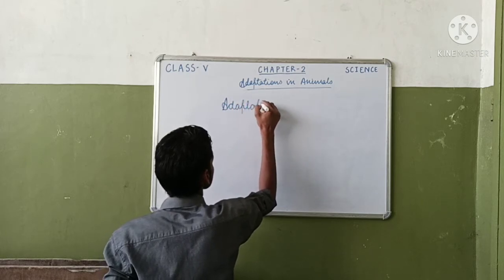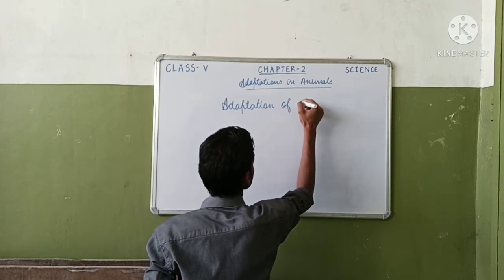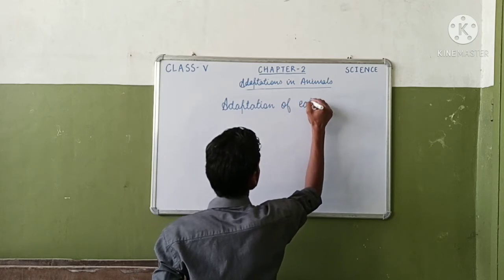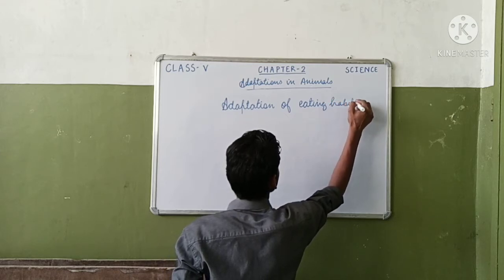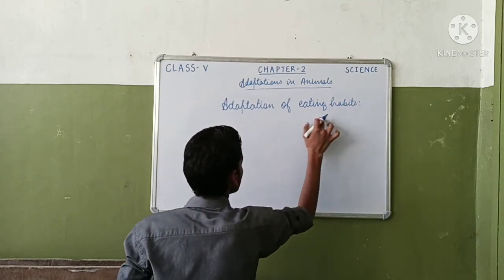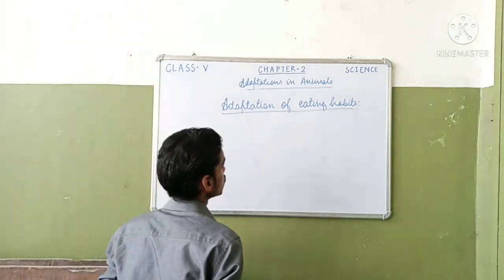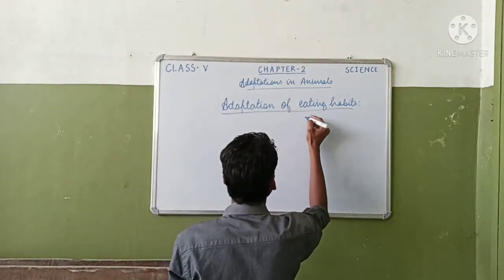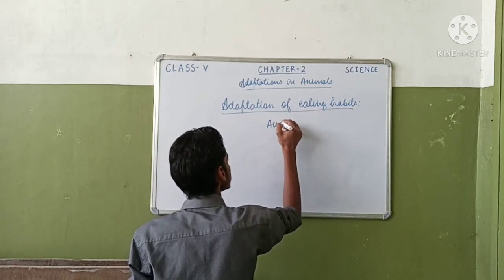Adaptation of eating habits. On the basis of their eating habits, animals are grouped into three categories.